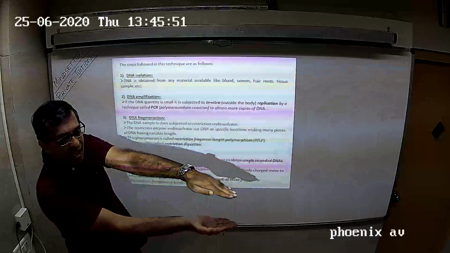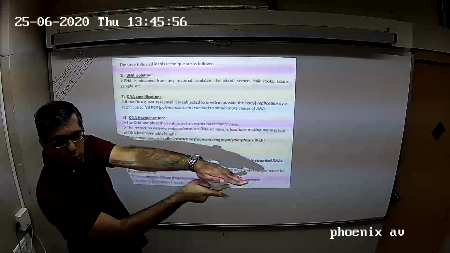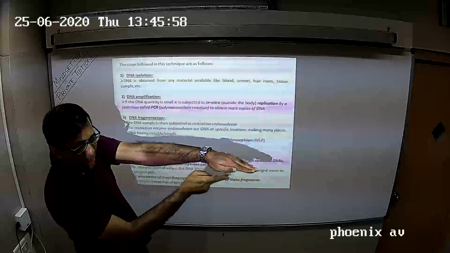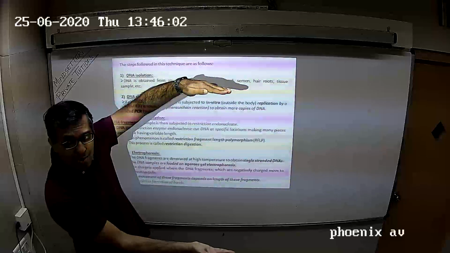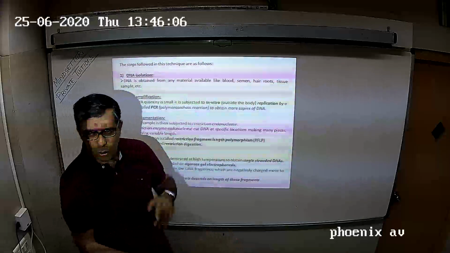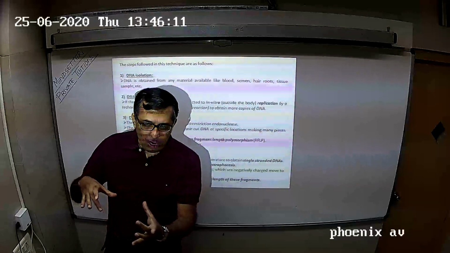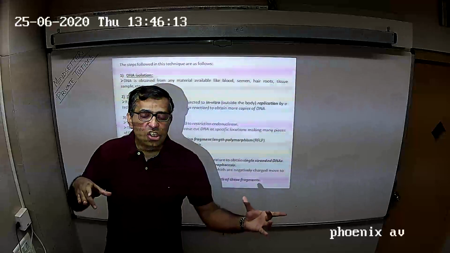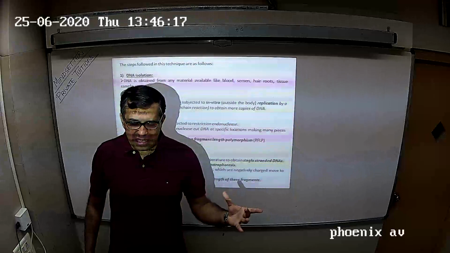So 91 degrees Celsius temperature पे, I hope you remember, hydrogen bonds between the nitrogen bases will break and double-stranded DNA will become single-stranded. So double-stranded DNA single-stranded हो जाएंगे and single-stranded DNAs are then put into agarose gel. So I hope you remember, gel electrophoresis करेंगे.